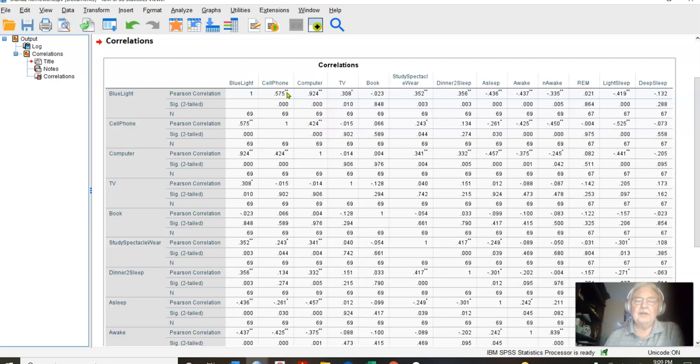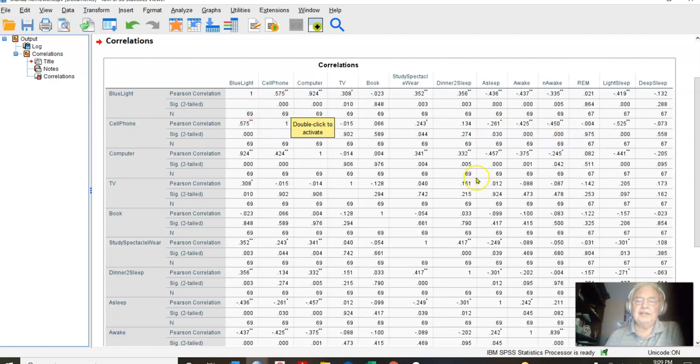Now, when you're correlating something like a puffer test versus a Goldman test for IOP, you want those correlations to be pretty high, up in the 90s. But for most other things, we're going to just, in general, use that 0.3, but it really kind of depends on what you're looking at.